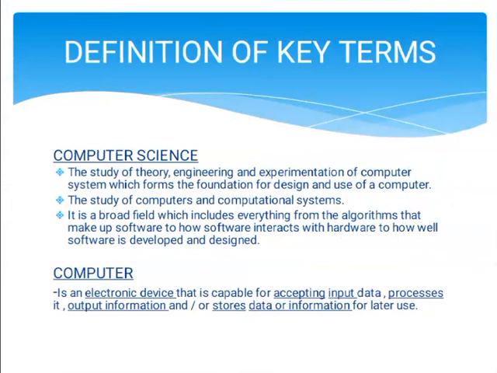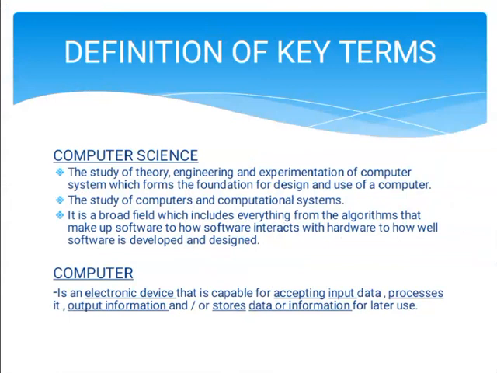What is a computer? This is an electronic device that is capable of accepting input data, processing it, outputting information, and or storing data or information for later use. For you to understand better the definition of a computer, I can define the following terms.